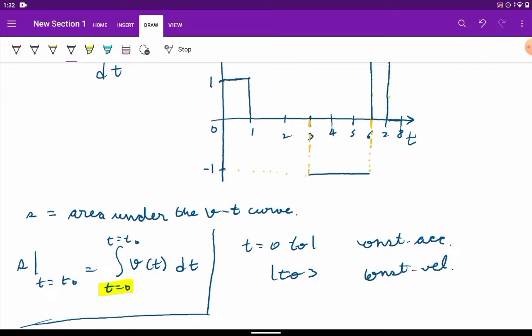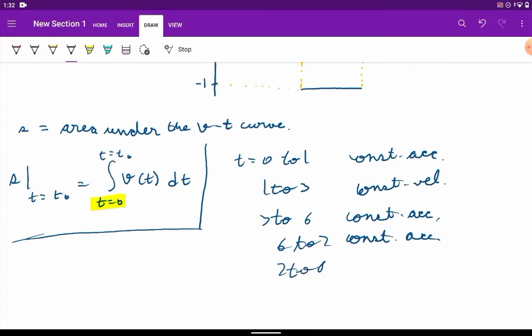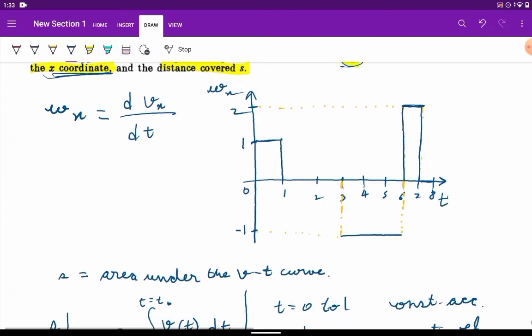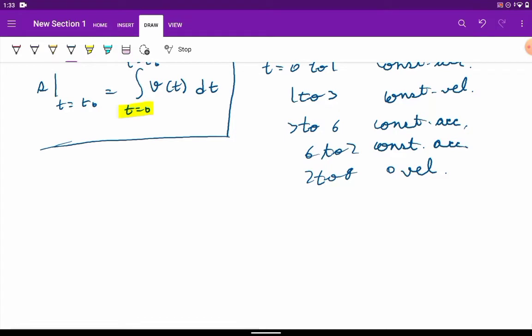From 3 to 6, again it's some constant acceleration, right? From 6 to 7 also it is some constant acceleration of some other magnitude, and from 7 to 8, of course, it's zero velocity. Whenever it is zero velocity, it means that the particle is not moving, right?